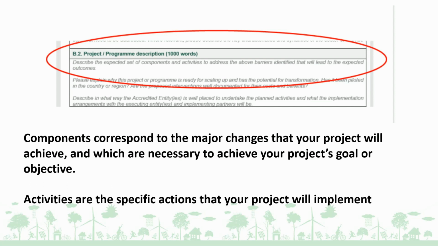And then we have the activities, and these are the specific actions that your project will implement. This is things like workshops, extension services, establishing regulations, that sort of thing, the actions. We'll come back to the specific language and terminology in a little bit because it's important.